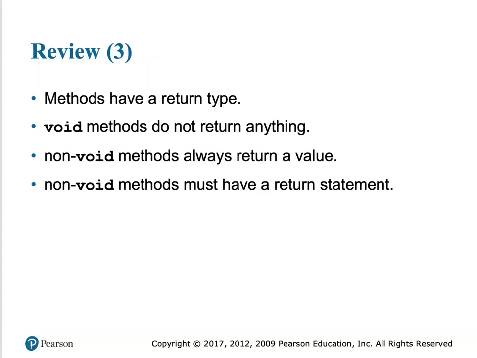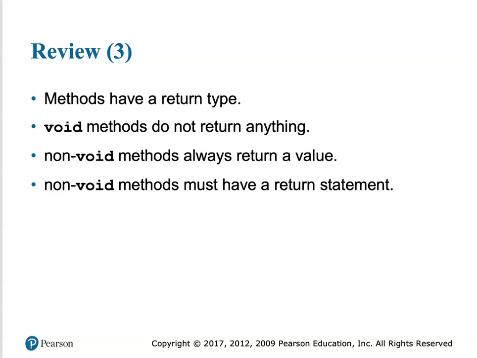Thinking about methods, all methods have a return type. Constructors are a special type of method, if you will, that return an object of the class that we're making, but other methods need to be told that either void, I don't return anything, but it's still a return type, or it's some other variable type, and it doesn't have to be a primitive.